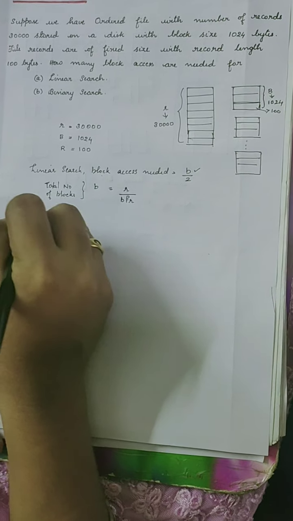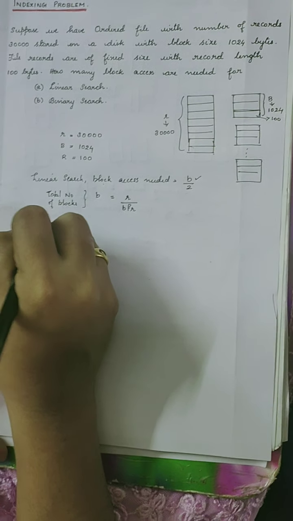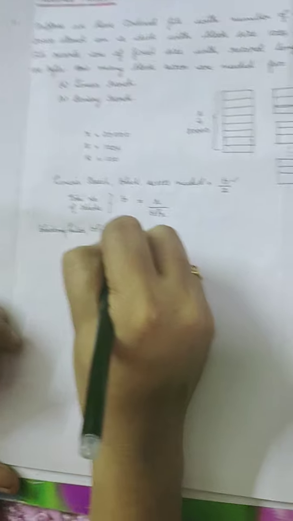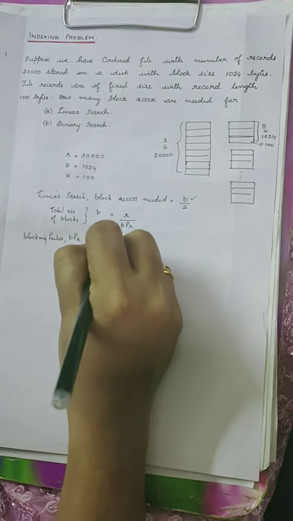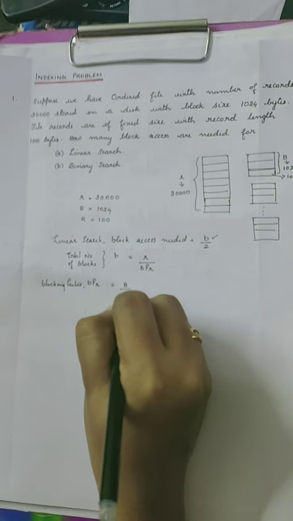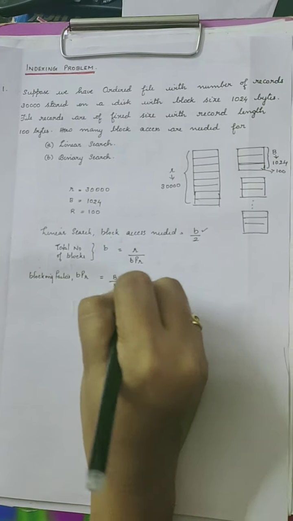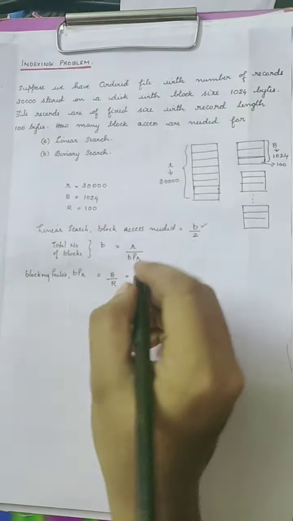Blocking factor, which is represented as BFR, can be found using the equation capital B divided by capital R. That is the size of the block divided by the record length.